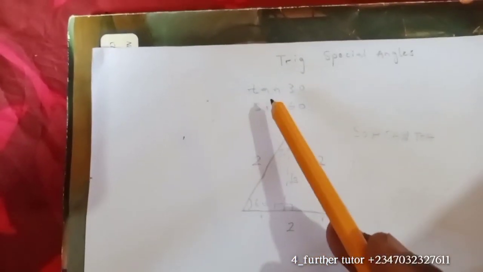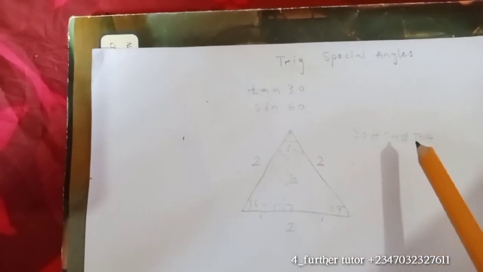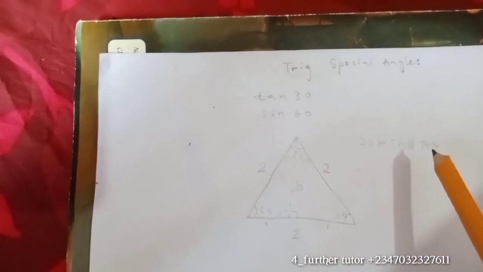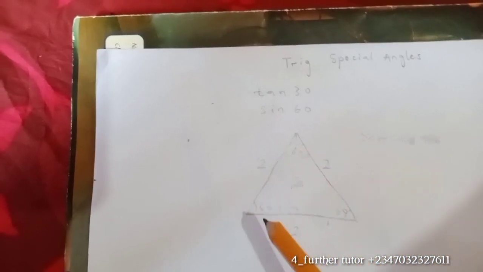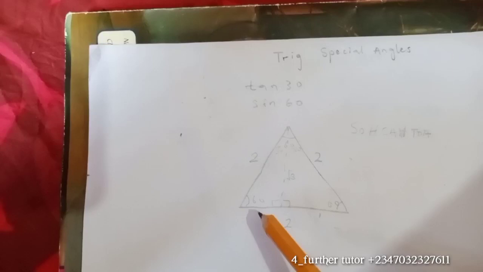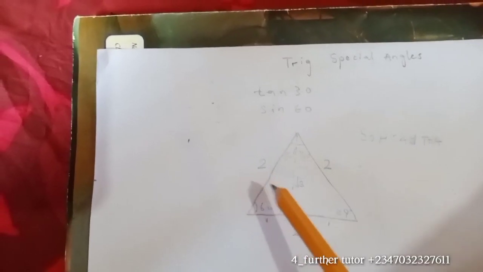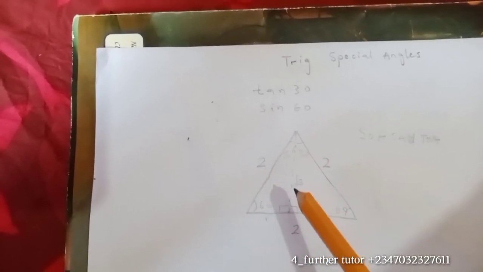But what I'm dealing with is tan. So that's where my SOHCAHTOA comes in. What do I need to work? Opposite and adjacent. So this is my hypotenuse from my 30 degree. This is my opposite. This is my adjacent.